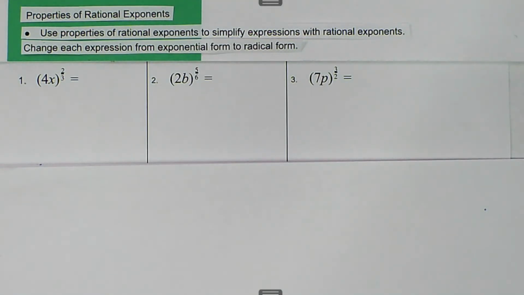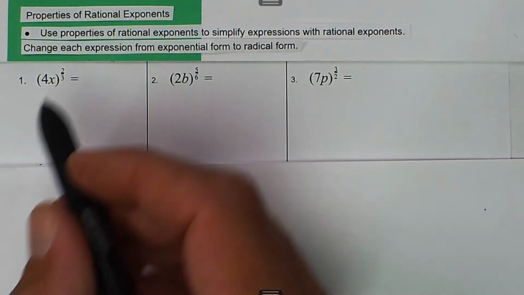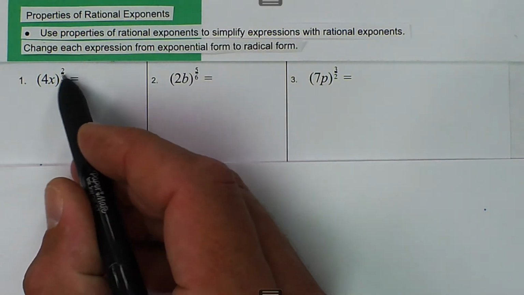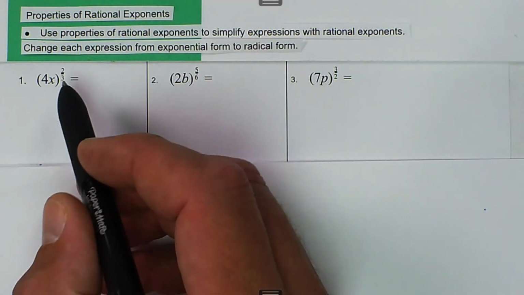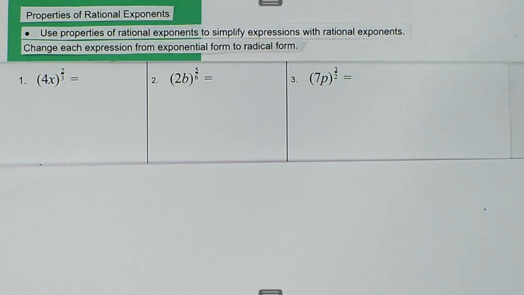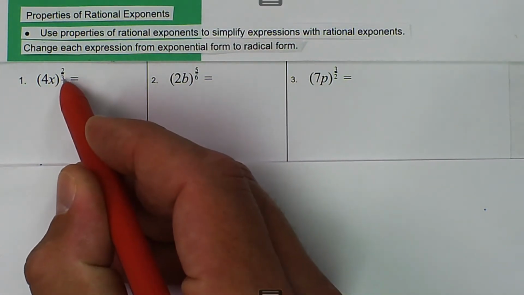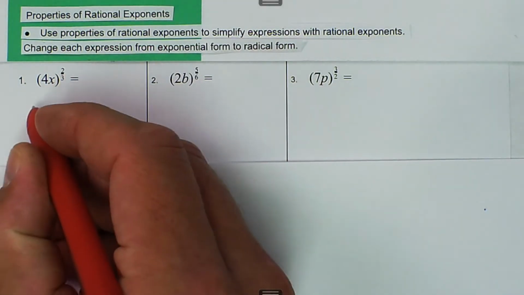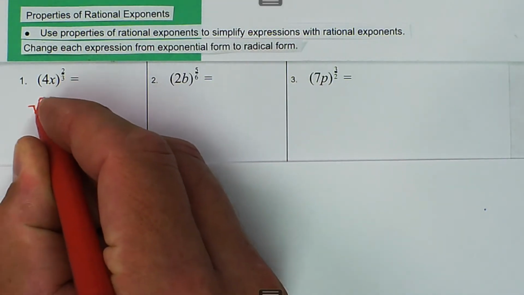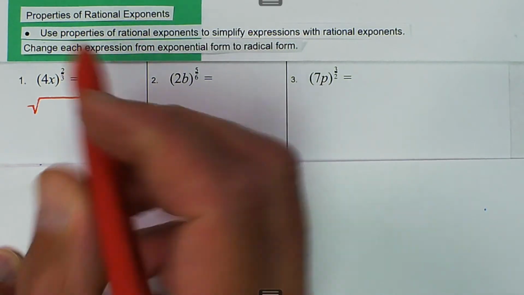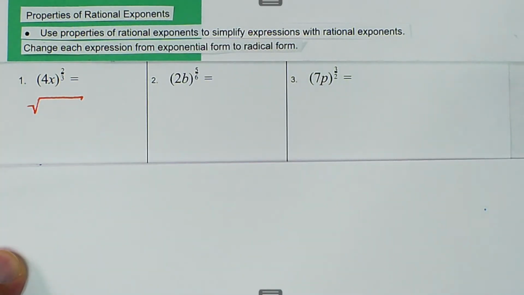Another way that we can write that is, anything that is in the denominator, we can write as a radical. So in this case, our 3 is in the denominator of the exponent. So we can rewrite that as the radical, and then whatever number is in the denominator goes on the radical as the index number.